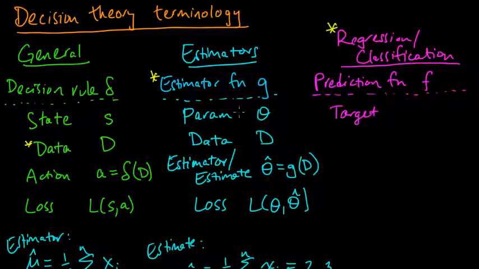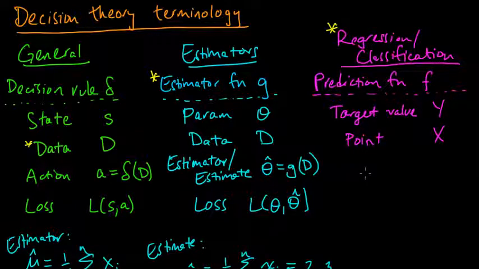Rather than a state or parameter, the corresponding concept is a target value y, which is unknown to us, unobserved, and then we observe a point x, and y is the value corresponding to that x. So y would be like the class or the value, and x would be the point that you have to classify or choose a value for.